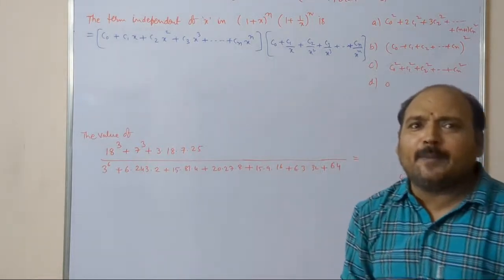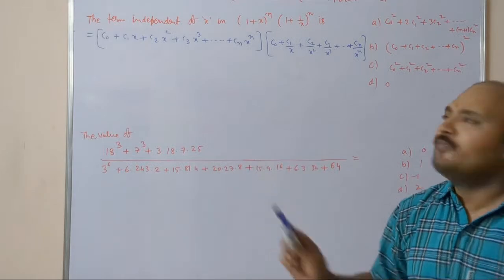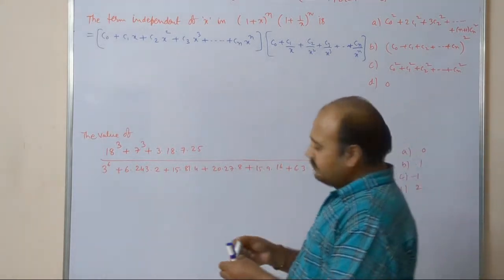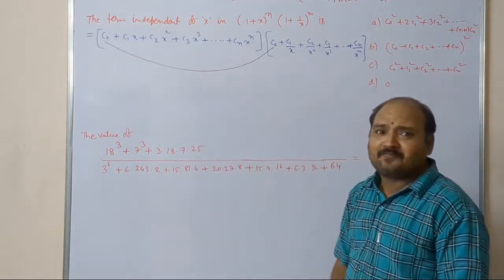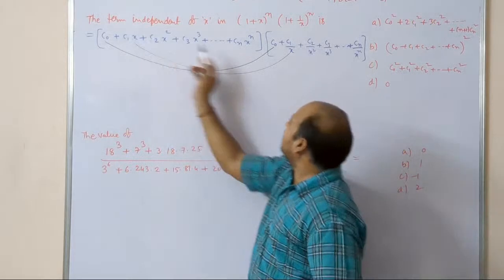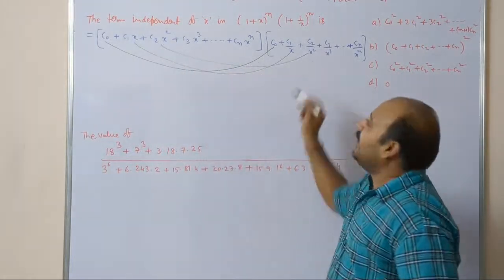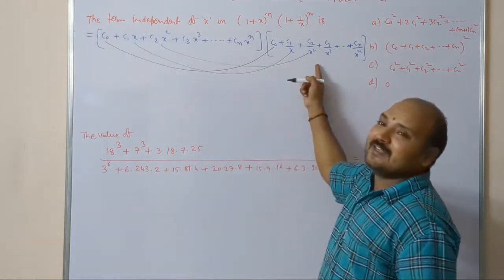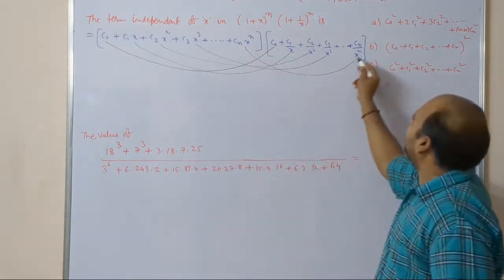Independent, they are asking. Independent means does not contain x. Multiplying these two, there is no x term. Here into x, here dividing by x, x gets cancelled. Multiplying these two and adding, x² with denominator x² cancels, x³ with x³, similarly x power n into x power n.